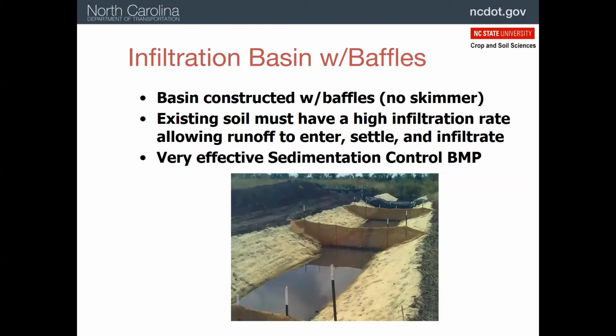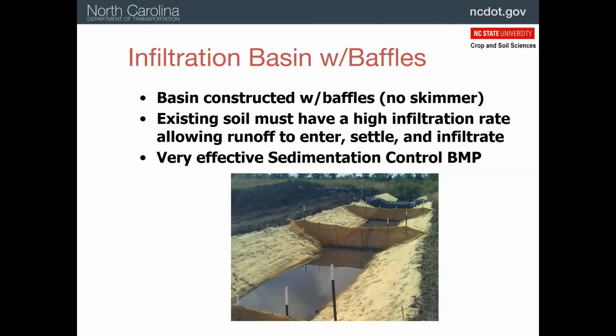Now we often joke that the best way to handle stormwater is to infiltrate it, but that's very hard to do in most parts of the state. However, there are parts of the state that have very sandy soils, and water will actually exit them through the bottom instead of over the top. And in those areas, we can put in infiltration basins.